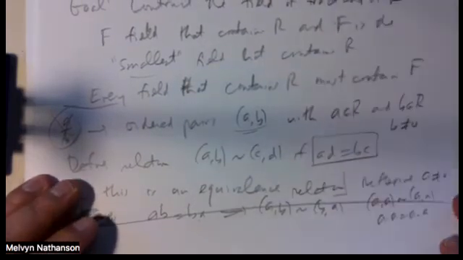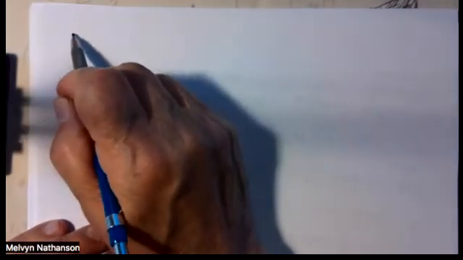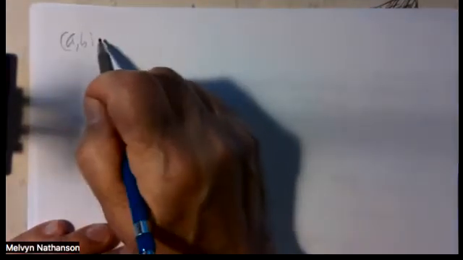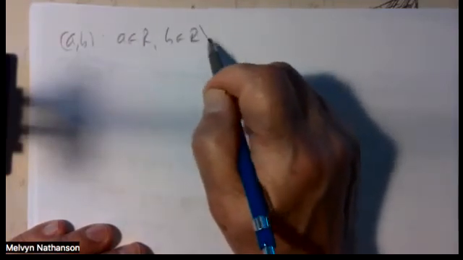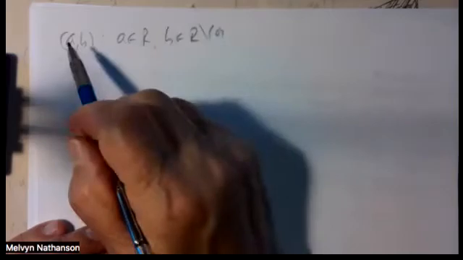Actually, let me do this on a clean sheet of paper so I have more room. So we're looking at the set of ordered pairs, A comma B, where A is in the ring and B is a non-zero element in the ring.